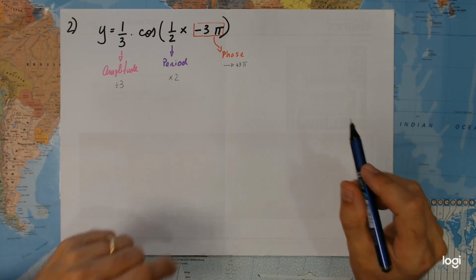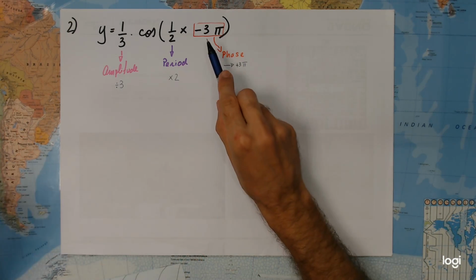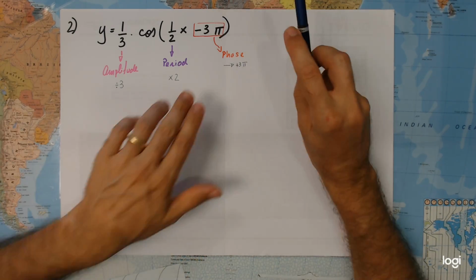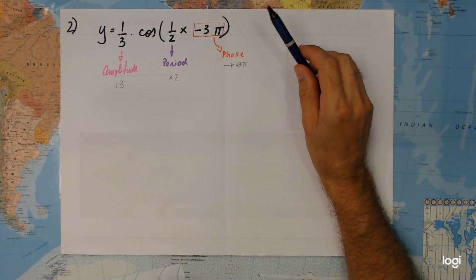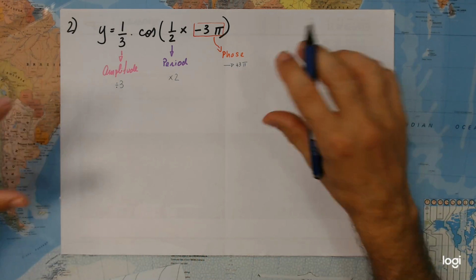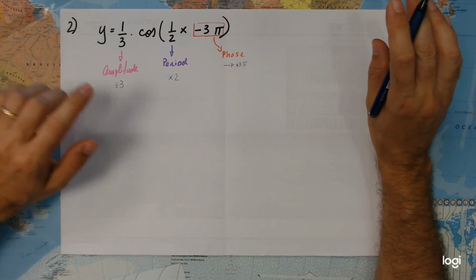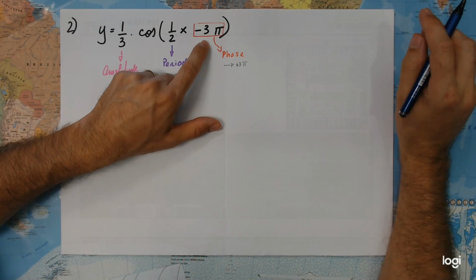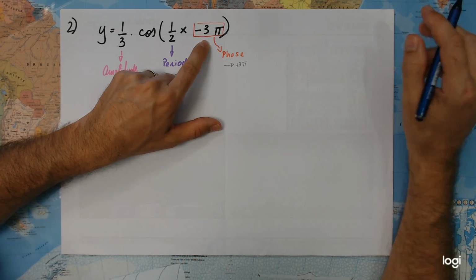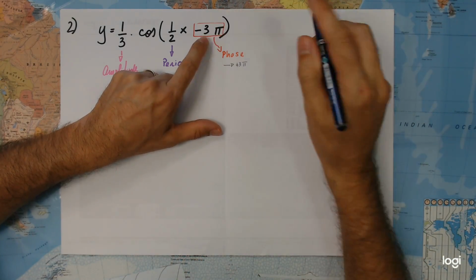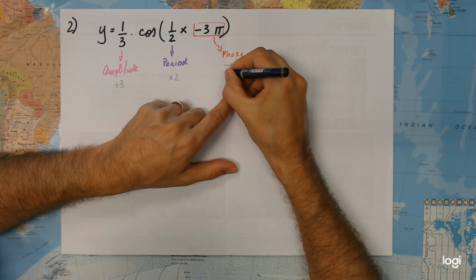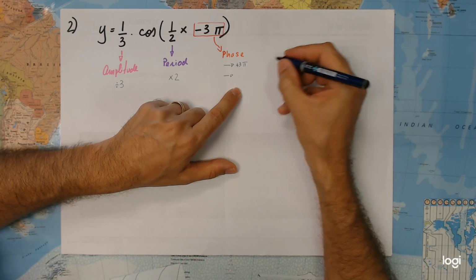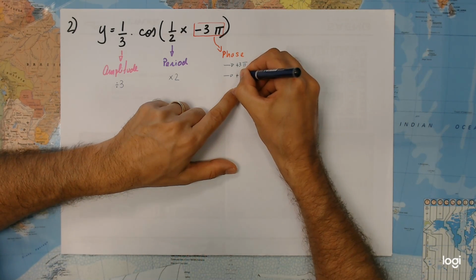For instance, if I just had -2 pi or 0, it would be the same. So every 2 pi, be it positive or negative, it is the same. So I don't have to consider -3 pi in here. I can just consider minus pi, which means we are going to move our curve just plus pi.